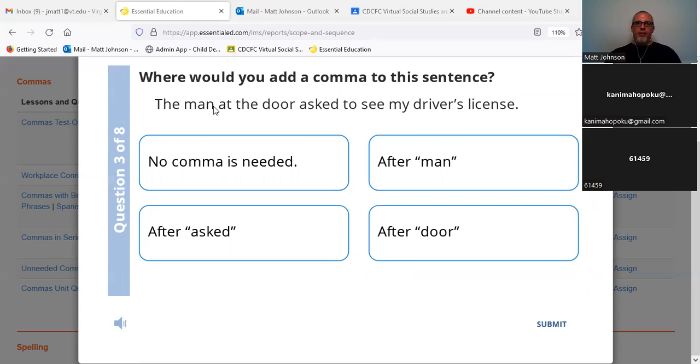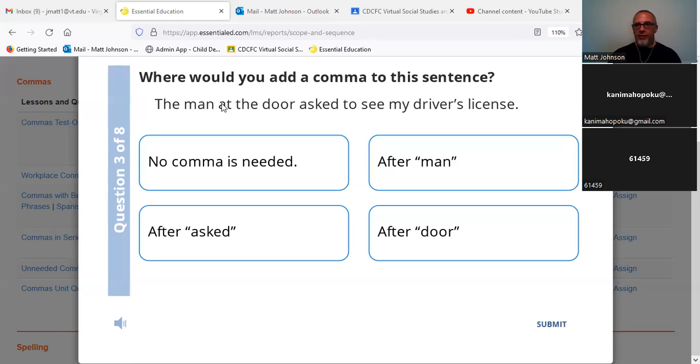Well, if I'm putting a comma there, that would indicate the rest of this is a complete sentence. But if we say at the door asked to see my driver's license, we don't have a complete sentence, right? We're lacking the man as the subject. The man at the door explains where he was, right? But we don't need a comma at any location there. So let's say we put it after asked: the man at the door asked, comma, to see my driver's license.